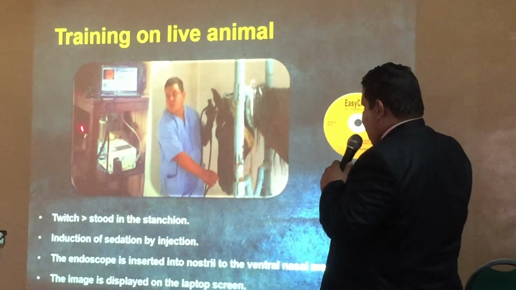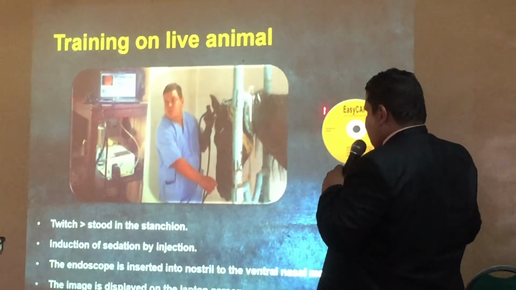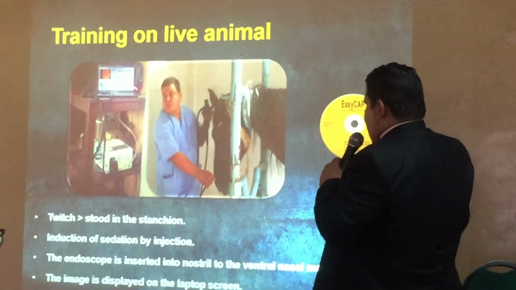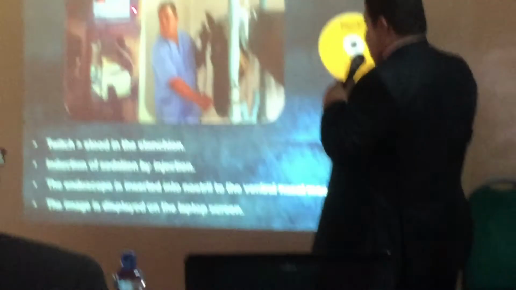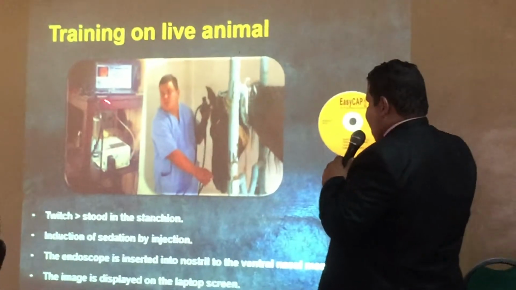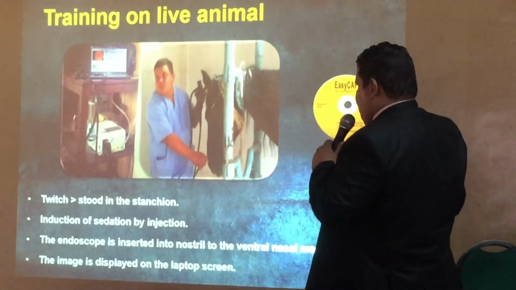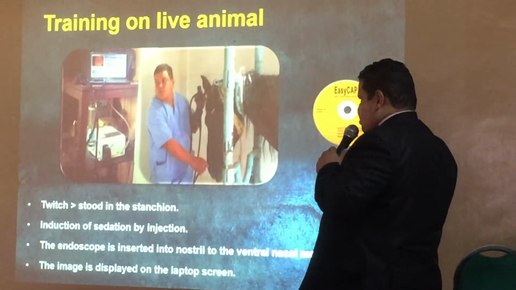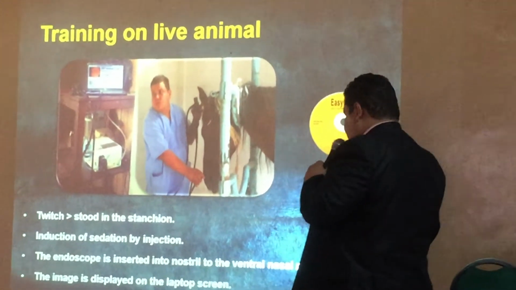The light source is present with the EasyCap, a program set up on a laptop computer to take photos and pictures. This is the image displayed on the lab screen.